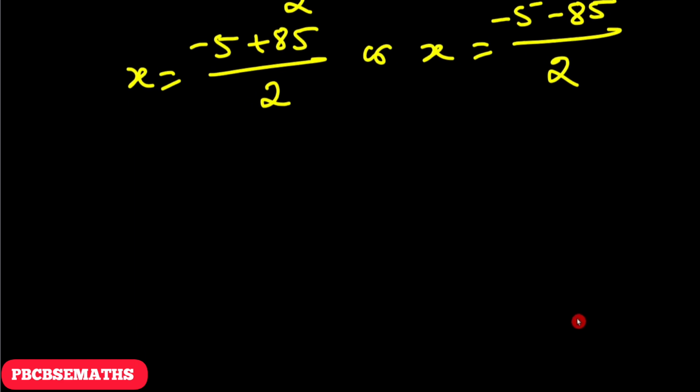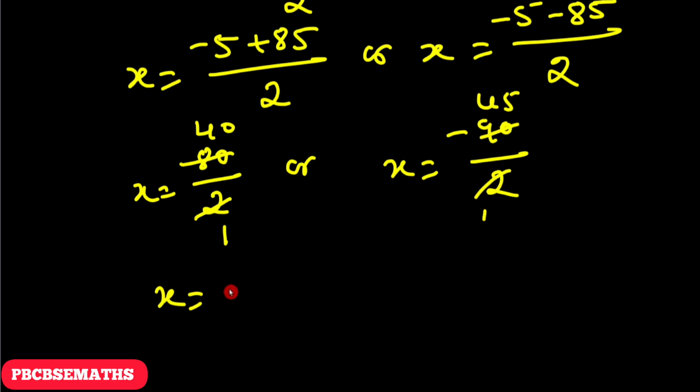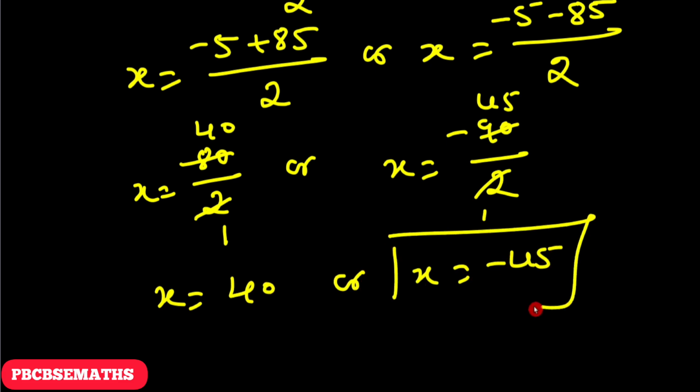Then we have the value of x as minus 5 plus 85, that is 80 by 2, or x equals minus 90 by 2. So we get the value of x as 40, or x equals minus 45.